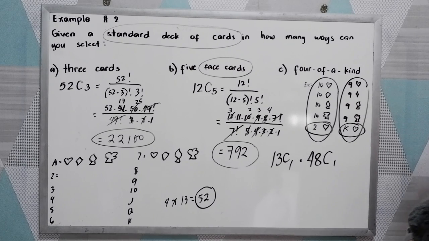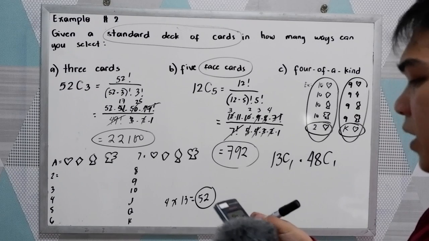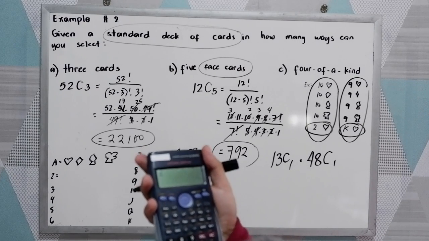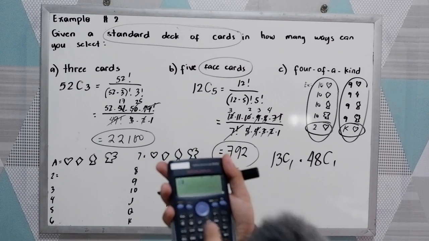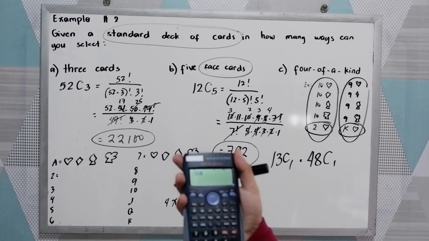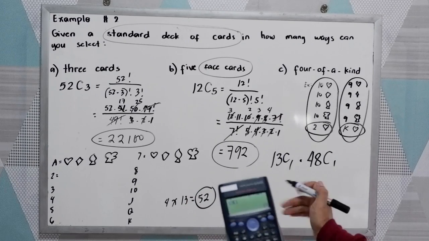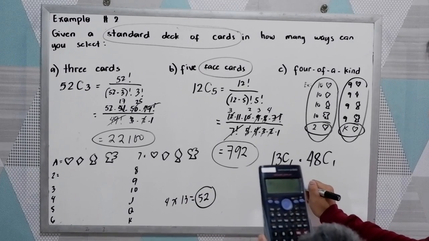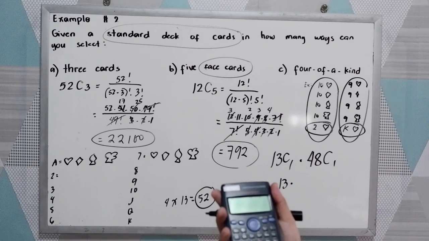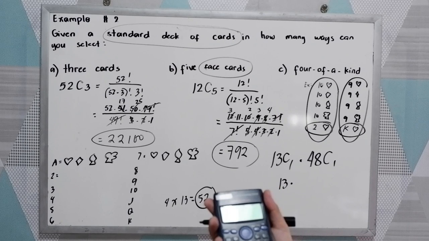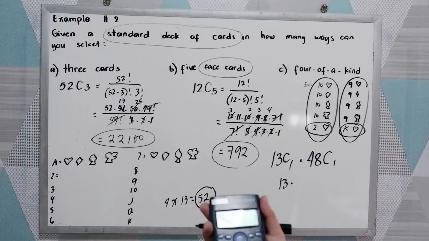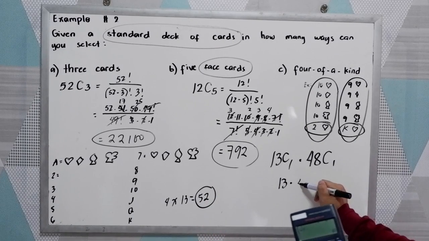So multiplying that, we have 13C1. Let us just use your calculator. 13 shift nCr 1. That will give us 13 times 48C1. 48 shift C1, that is 48.